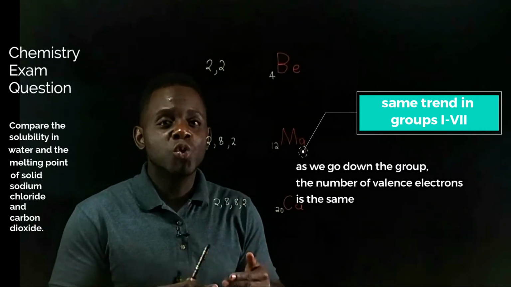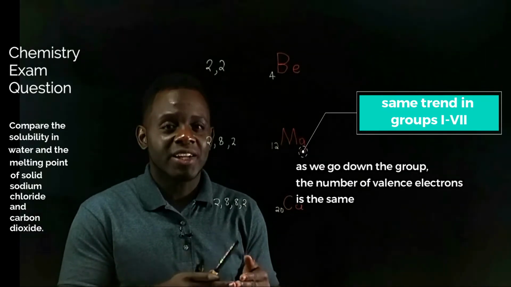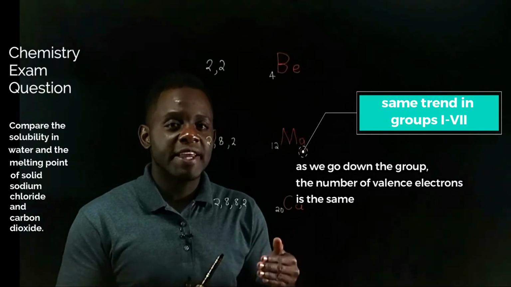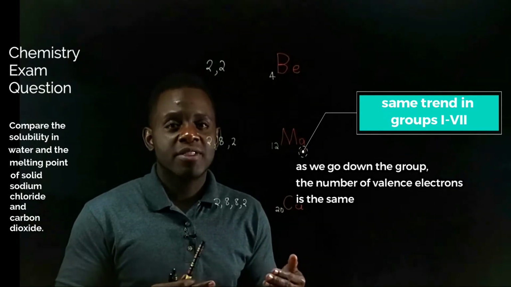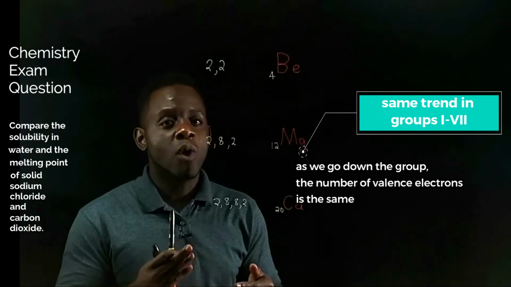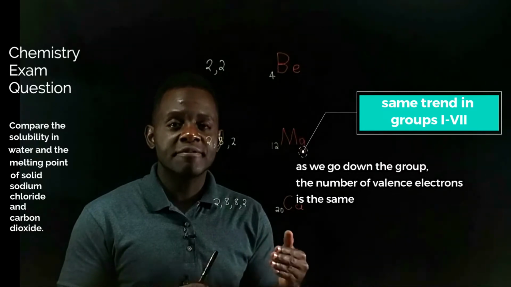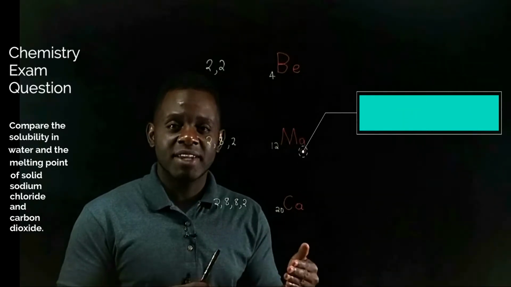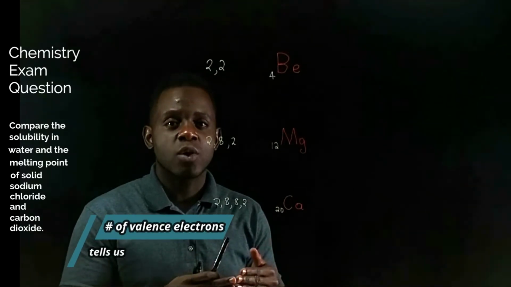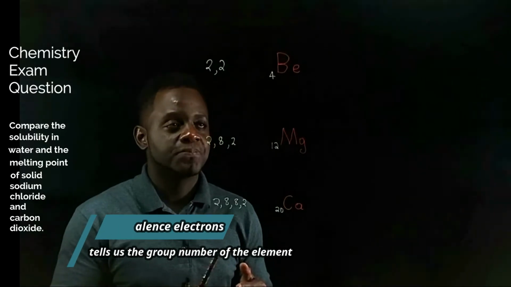So all the group 2 elements have 2 electrons in their very last shell, or their valence shell. And by the way, this works the same way for the group 1 elements, and the main group 3, 4, 5, 6, and 7 elements, right? So the number of valence electrons will tell us the group number for that element.